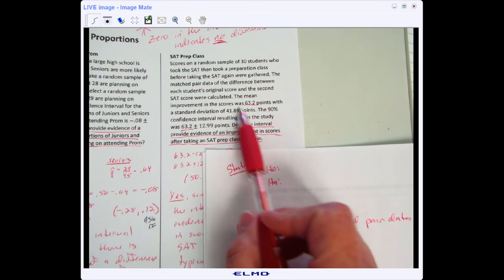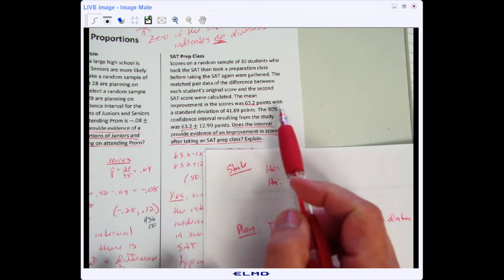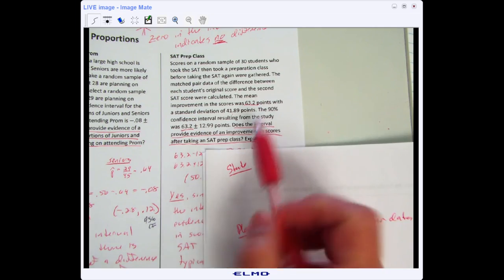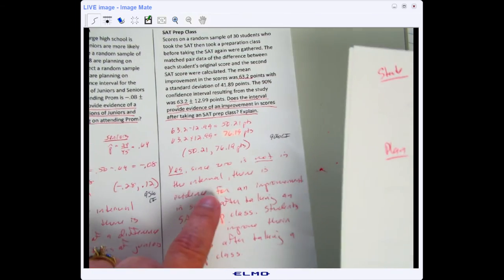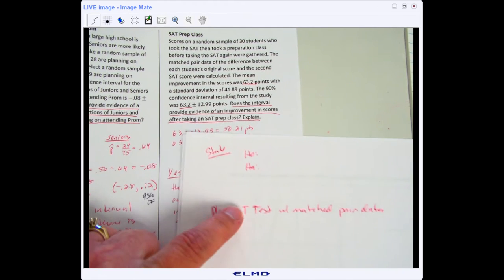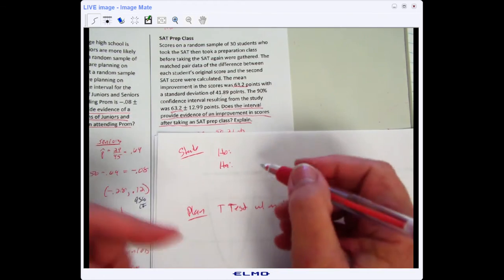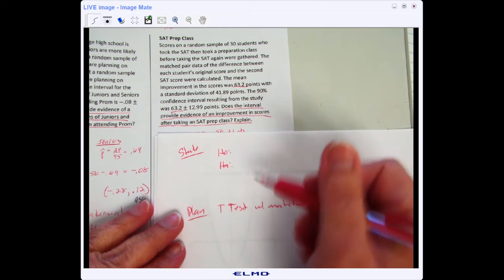The mean improvement in their score was 63.2 points with standard deviation of 41.89 points. Our interval, since they were both positive, showed that there is evidence for an improvement because 0 is not in the interval. I don't really have a mu to compare it to, because what is the typical improvement of points?